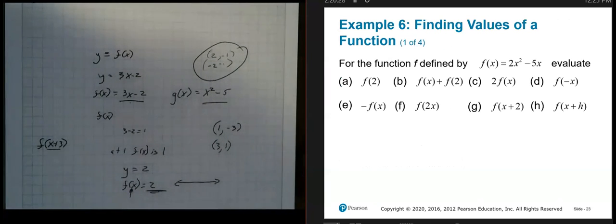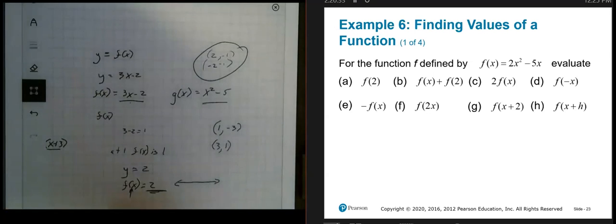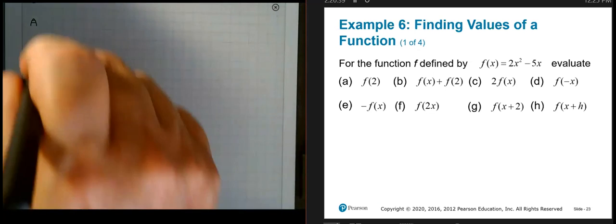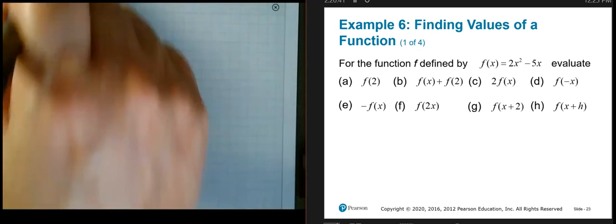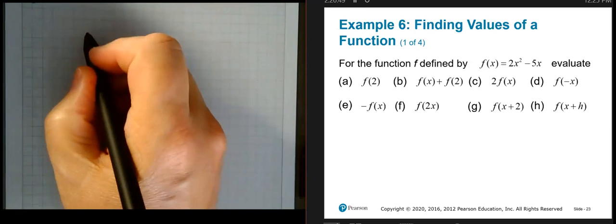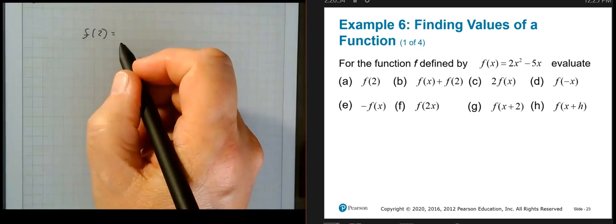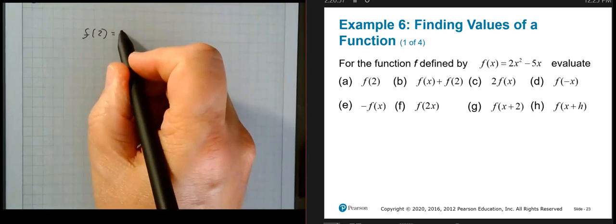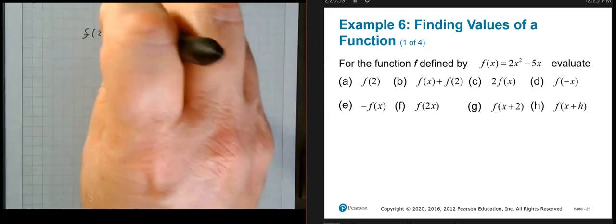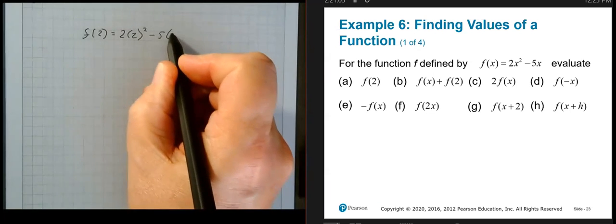Now here we have a function, and we want to evaluate this function at certain values. That's another advantage of having the function notation, where f of 2 means I'm going to replace x with the number 2. So this becomes 2 times 2 squared minus 5 times 2.